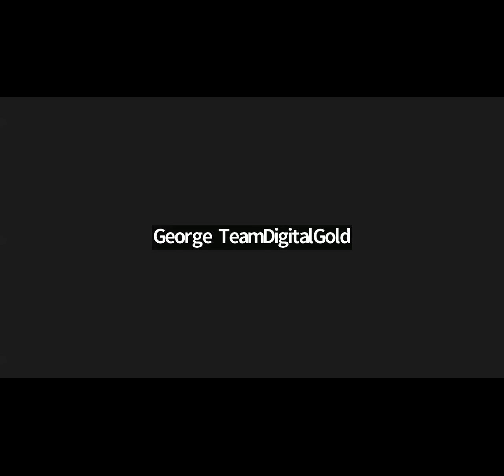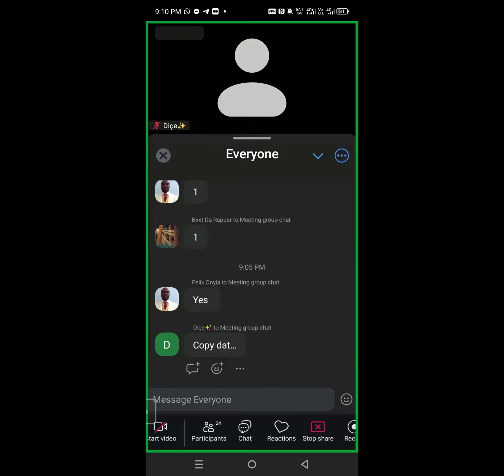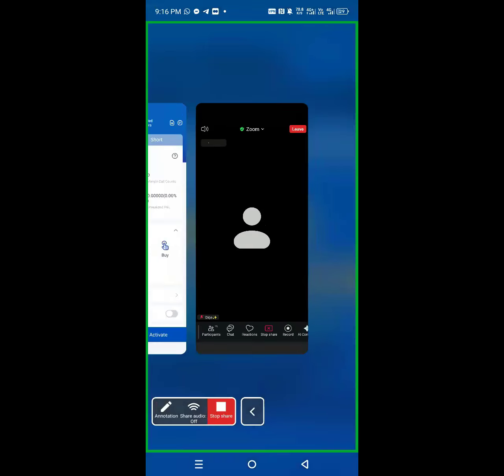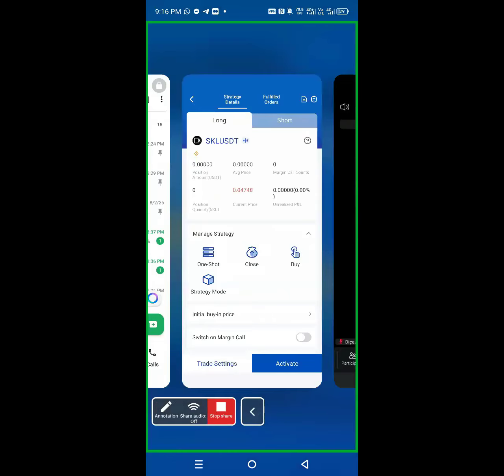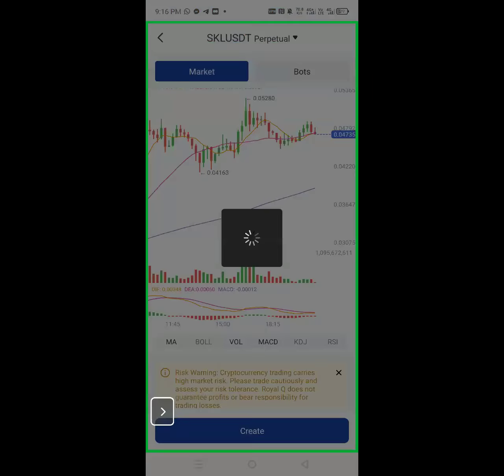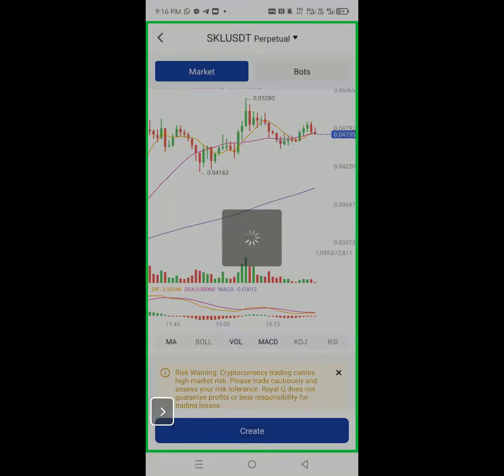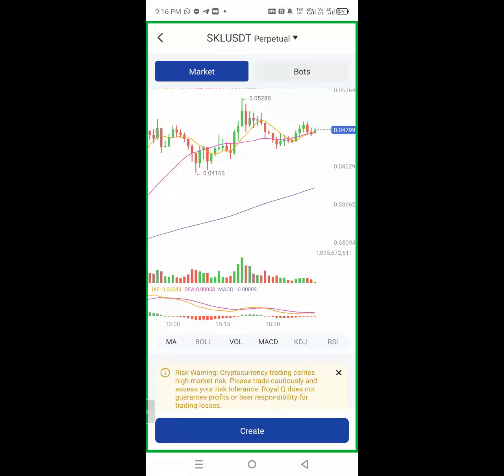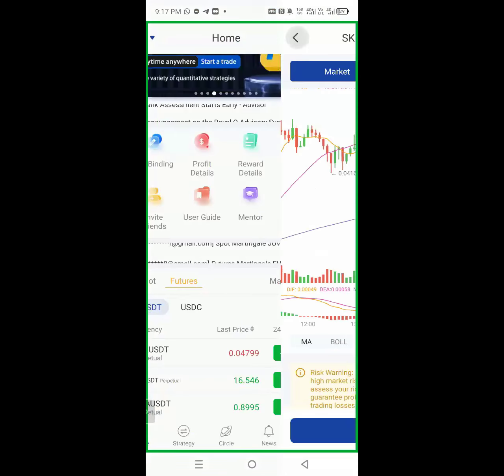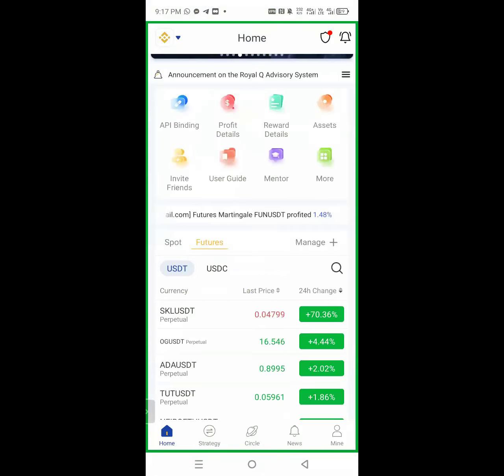Okay, let's see. Since we still have time, let me see if I can pick a trade. Okay, this one is undecided.